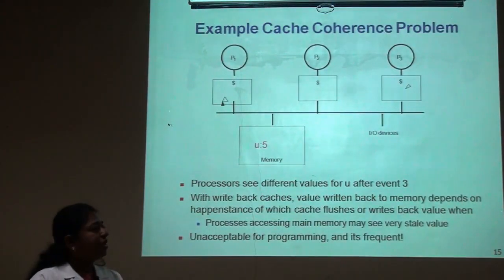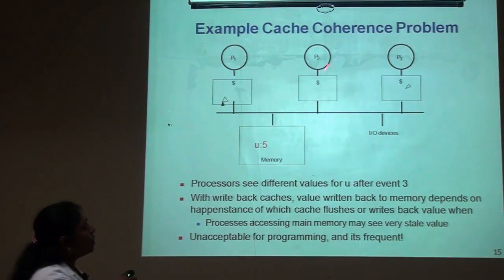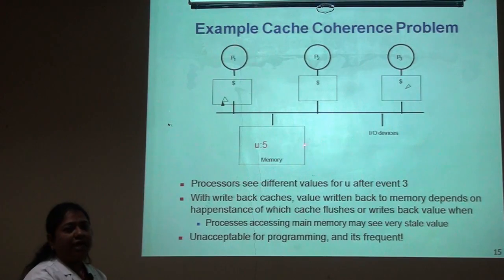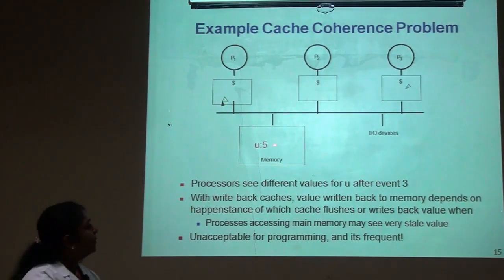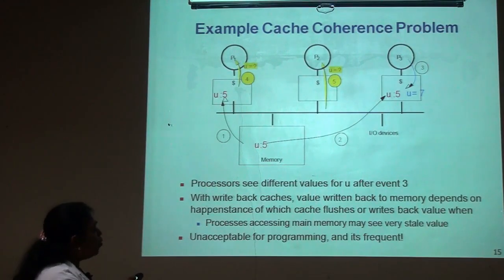So there is a cache coherence problem, because I already told about this. This is processor P1, this is processor P2, this is processor P3. Here we are asking the memory. The memory has the data U equal to 5. It's common memory data. It can be used by processor P1, processor P2, and processor P3. Here P1 decrements the data, so the P1 value is 4, and P2 handles the same data.